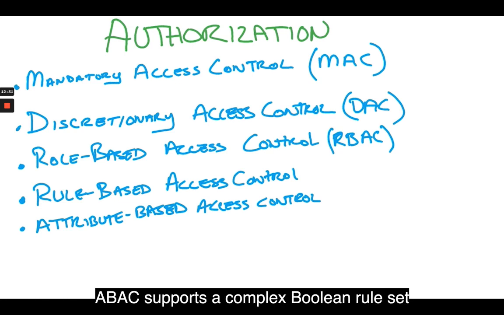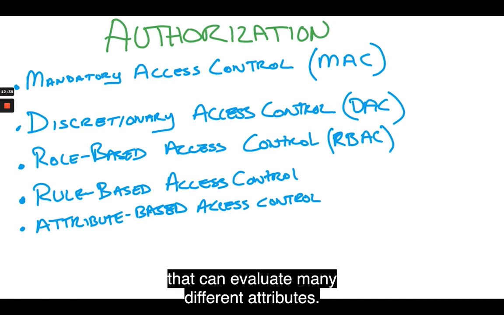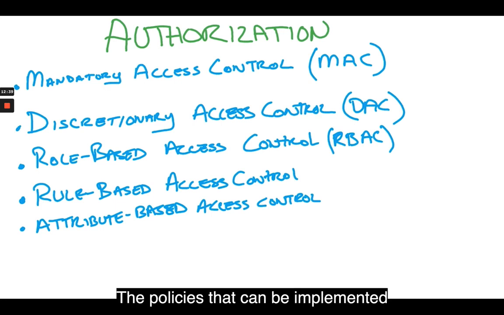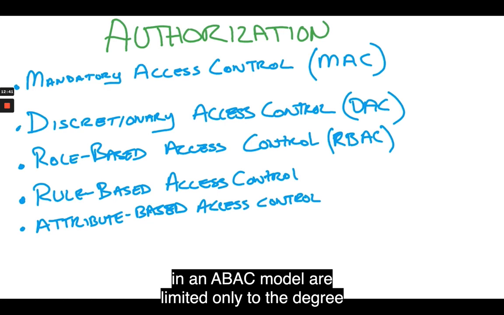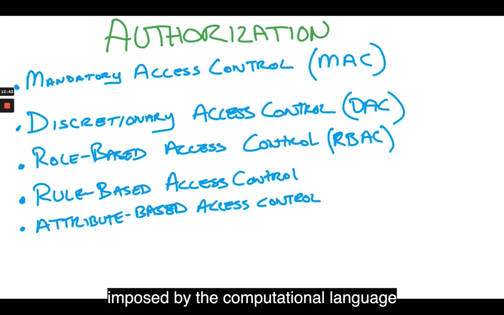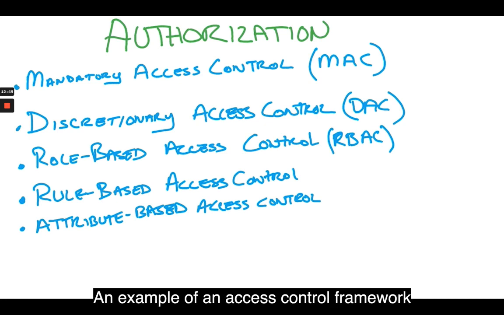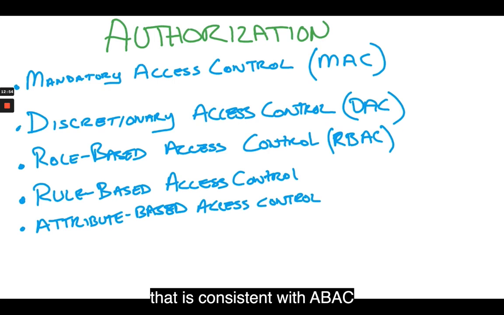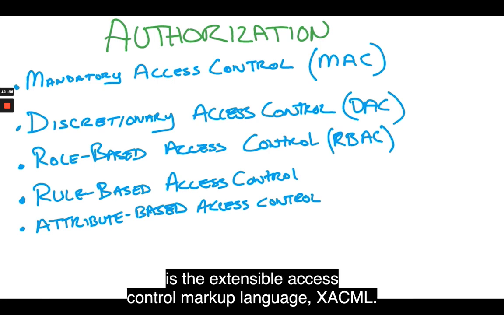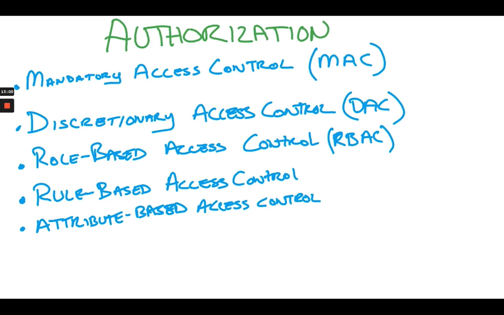ABAC supports a complex Boolean rule set that can evaluate many different attributes. The policies that can be implemented in an ABAC model are limited only to the degree imposed by the computational language and the richness of the available attributes. An example of an access control framework that is consistent with ABAC is the Extensible Access Control Markup Language, XACML.